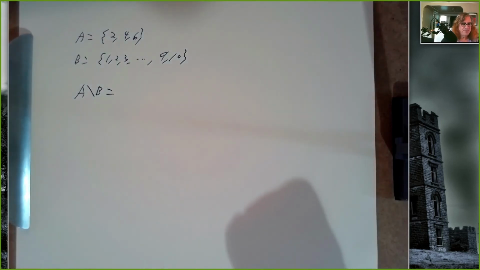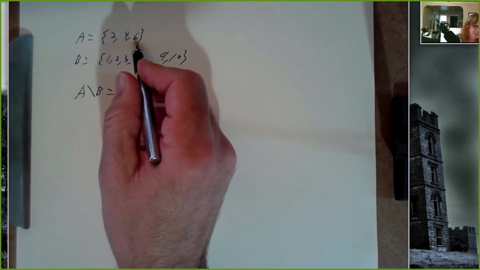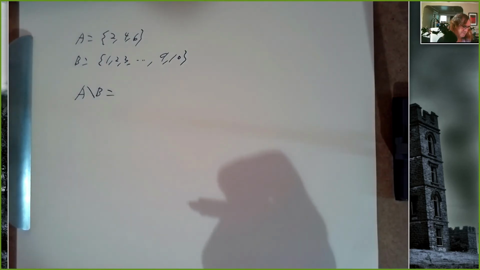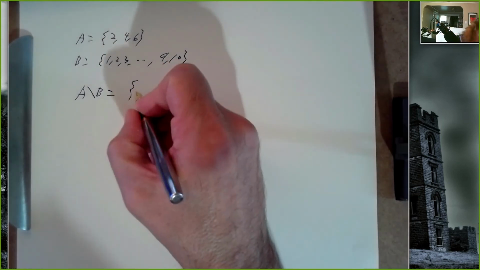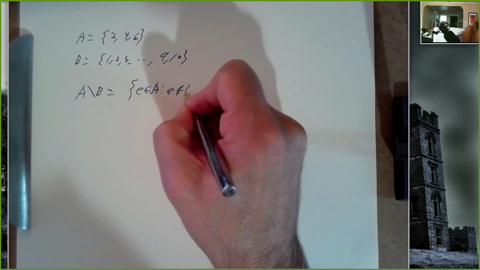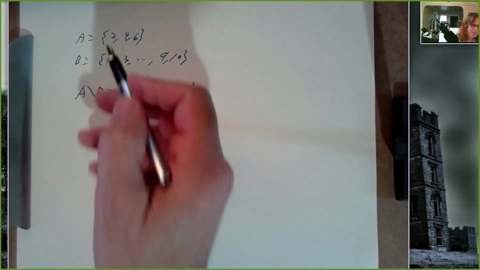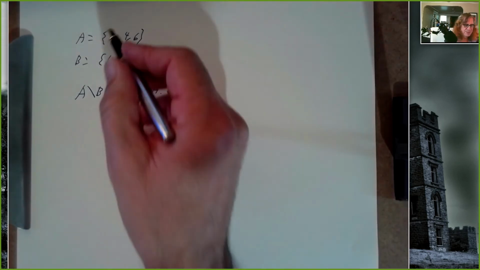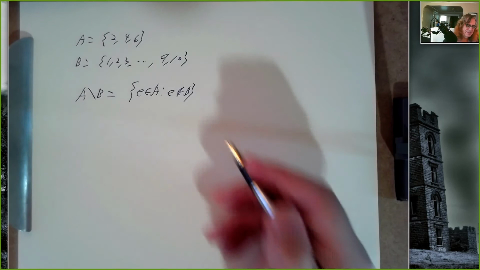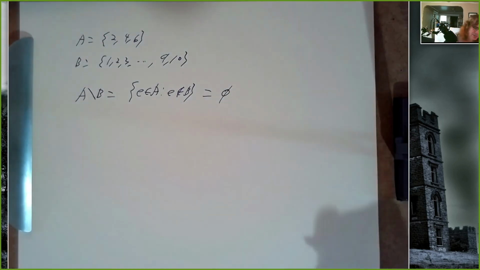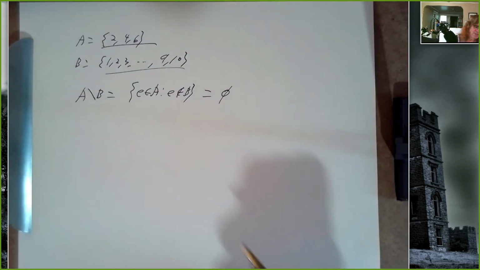So A take away B says start with the set A, throw away everything that's in B. So this is the set of all elements in A which are not in B. Well, is there any element in A that's not in B? The element 2 is in B, the element 4 is in B, the element 6 is in B. So this is actually the empty set. We're starting with this set, we're throwing away everything that's in B.